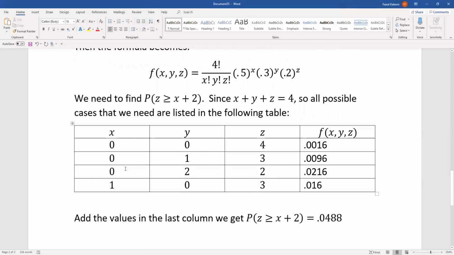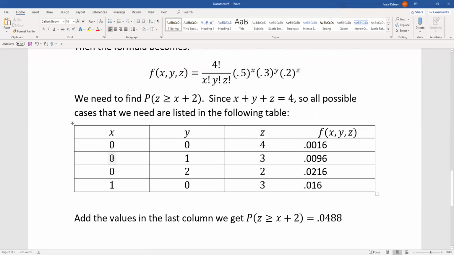In the first case, x is 0, y is 0, z is 4. The 0 factorials are both 1s, and 4 factorial cancels out with the 4 factorial in the numerator. Since x was 0, that factor is 1, y was 0, so that is 1, and z is 4, so we have 0.2 power 4, which ends up being 0.0016.